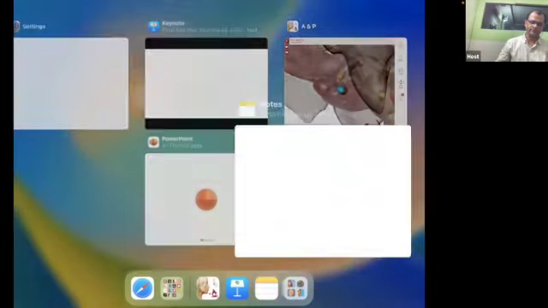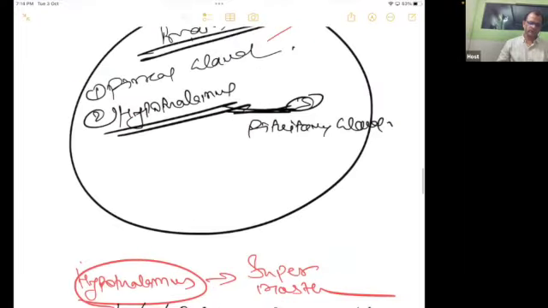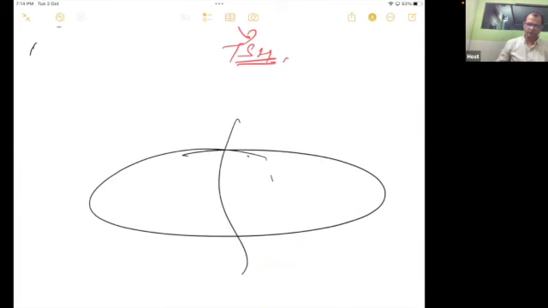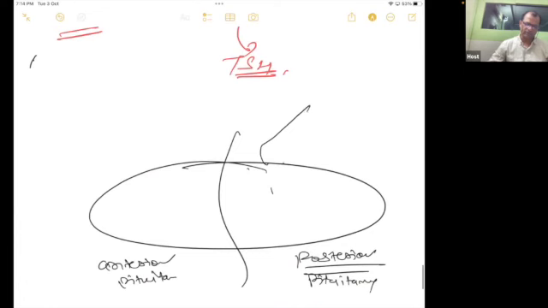So coming back here. In this way, if this is the pituitary gland, and this is the posterior pituitary, and this is the anterior pituitary, this posterior pituitary has some connection with the hypothalamus.